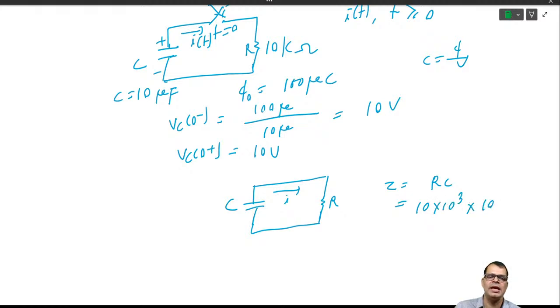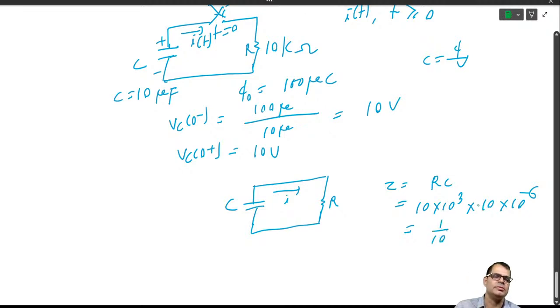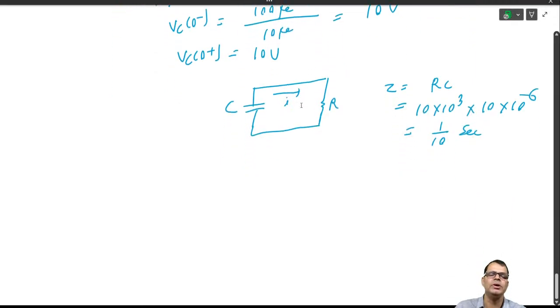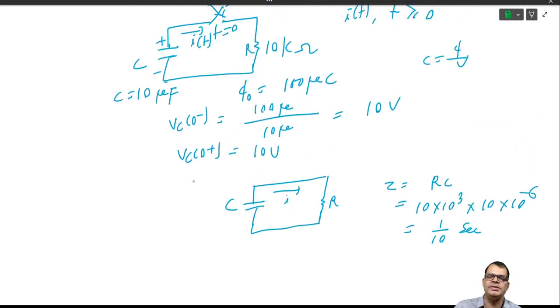C is 10 into 10 to the power minus 6. That gives you 1 upon 10 second. Time constant unit is second. Okay, we got VC(0 plus).